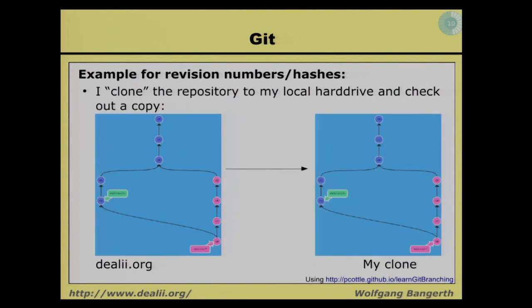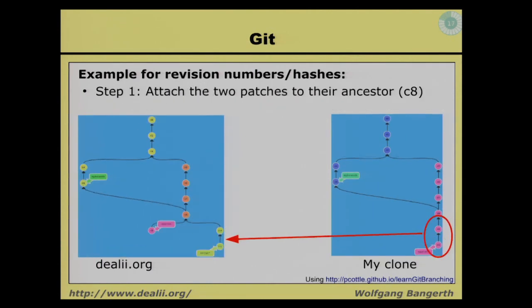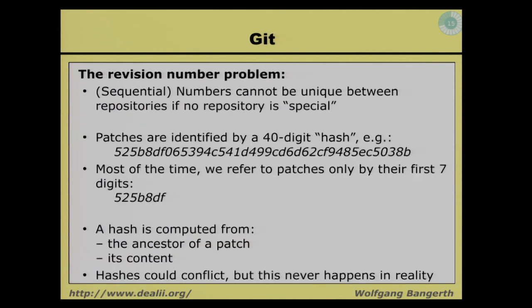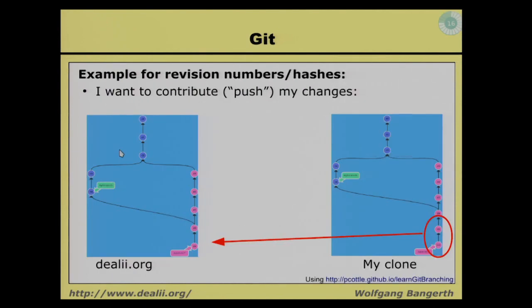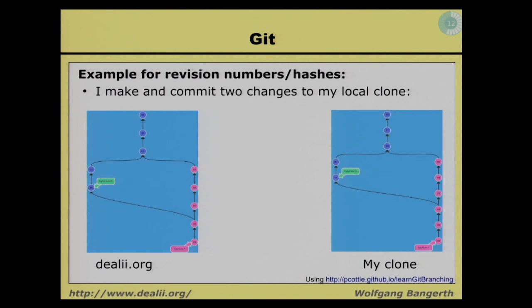Maybe I'll show it to you now, and then I'll go back. A hash is essentially a hexadecimal number. So this is how a hash looks like. A patch would be identified by a number like this, a 40-digit number. I'll come back to that.